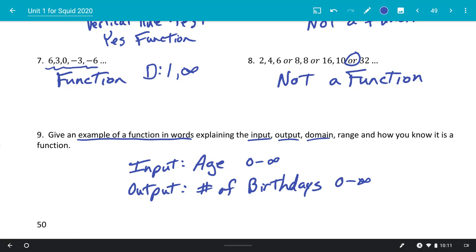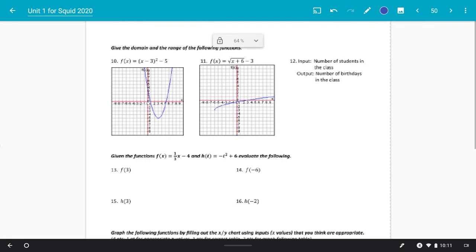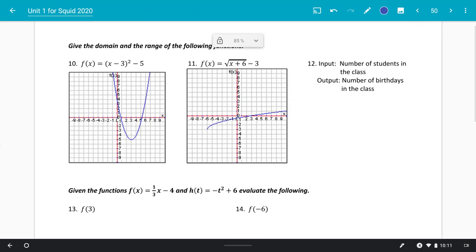Okay. Page 2. Numbers 10, 11, 12, I'm going to give the domain and range. Now, for number 10, I'm assuming this thing goes on, so my domain would be from negative infinity to positive infinity, and my range stops right there, so it would be from negative 5 to infinity.